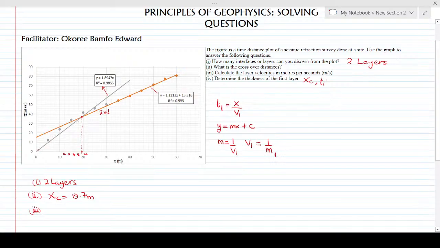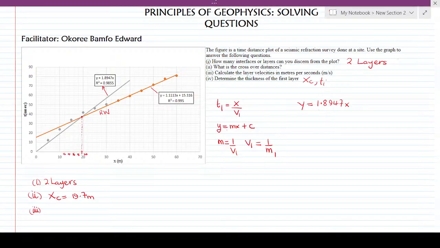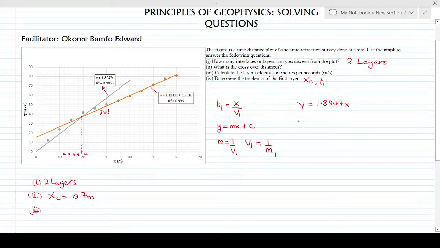If you look at this first line, the line in gray, the equation gives us y = 1.8947x. Comparing this with y = mx + c, it means c is 0 and M is 1.8947.